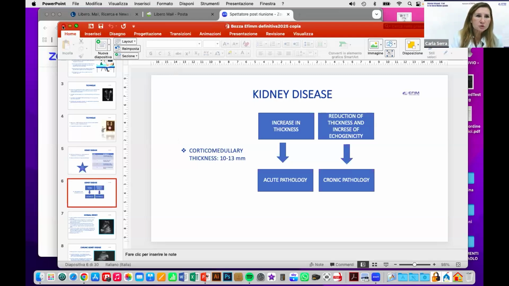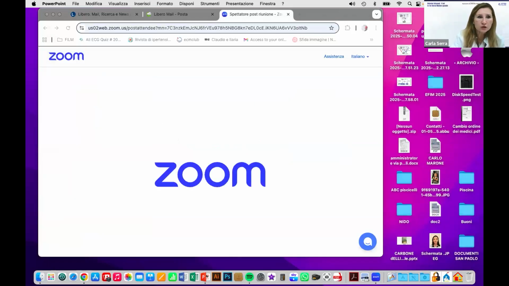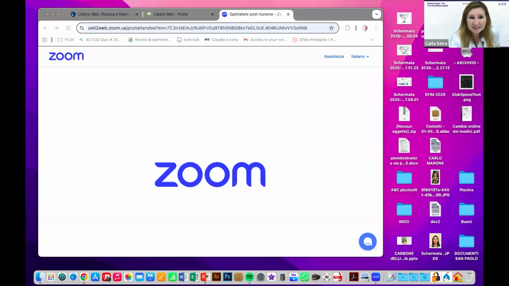And sometimes also a small portion of inflamed kidney cannot be evaluated with B-mode. Some more information can be added with the use of contrast ultrasound. If Andrea wants to add some more information about the use of contrast ultrasound for this, please, Andrea, add something.